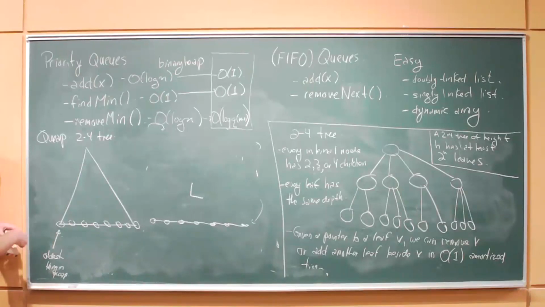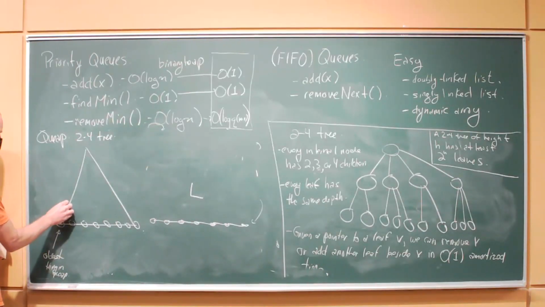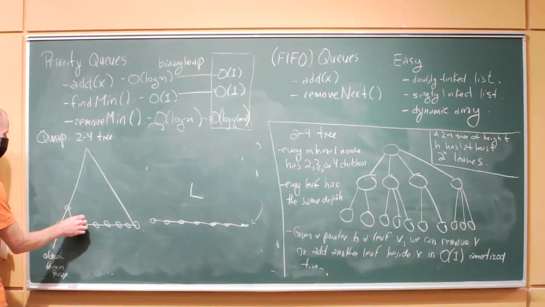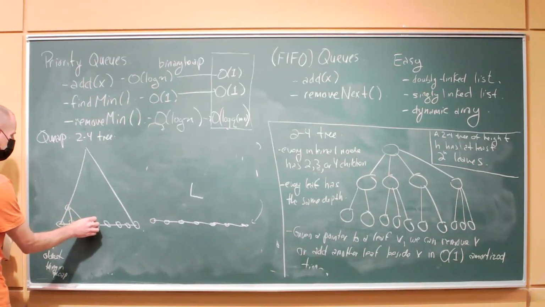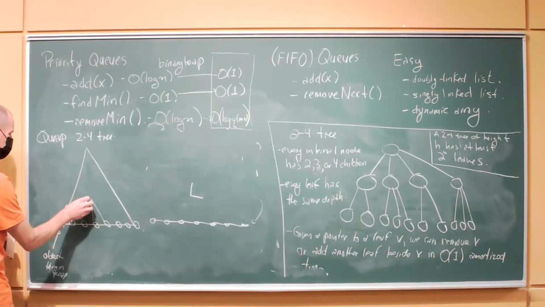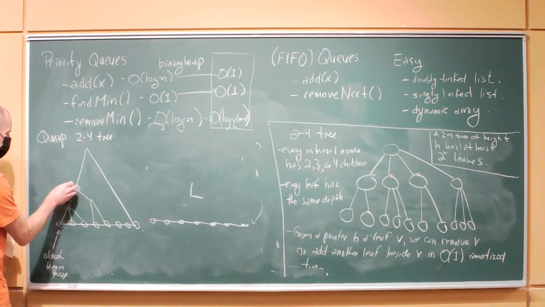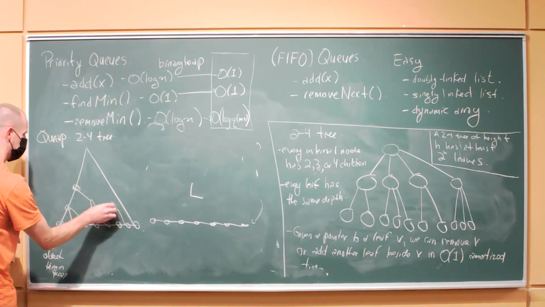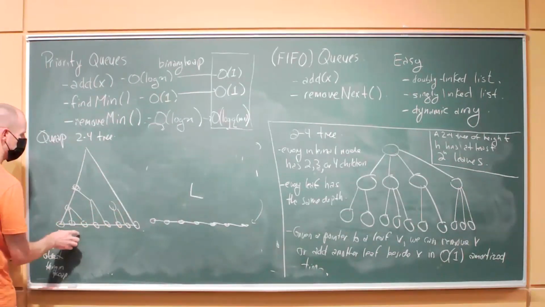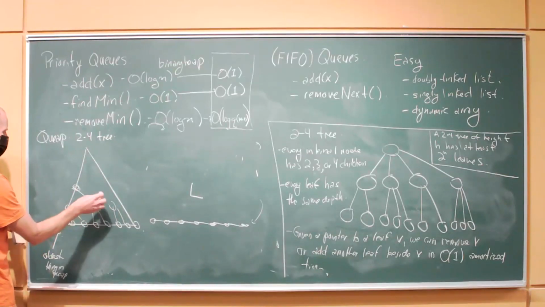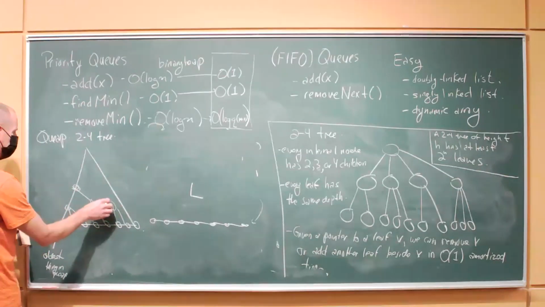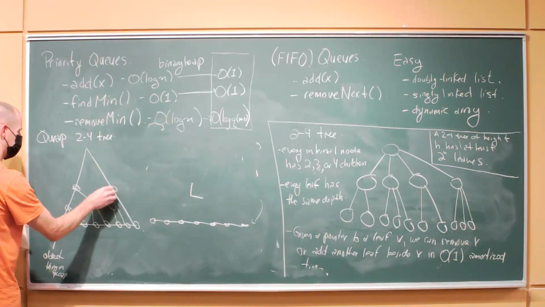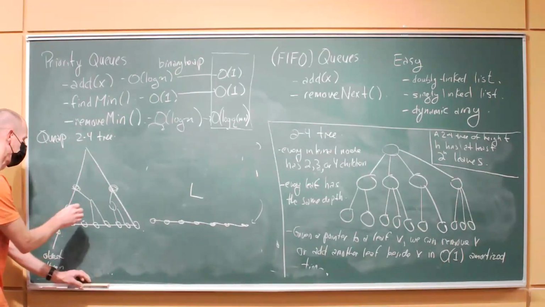So this 2-4 tree is kind of a special beast. I just said what goes in the leaves. What goes in these other nodes? I don't know, it's hard to draw a big example of it.